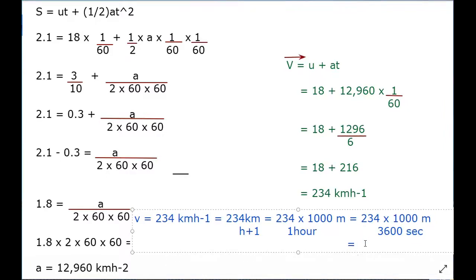So we will have 234 into. Now you see that we can cancel out these two zeros of the 1000 with the two zeros of the 3600. Am I right here? So you will have 10 over 36.